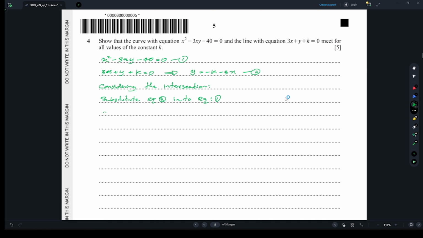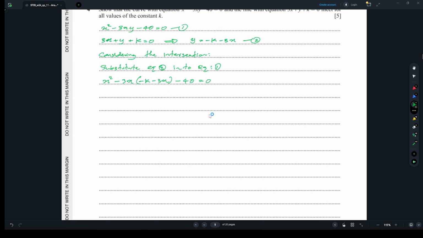So I can write x squared minus 3x, and instead of y, I write minus k minus 3x, and then minus 40 equals 0. So now you have to solve this one.